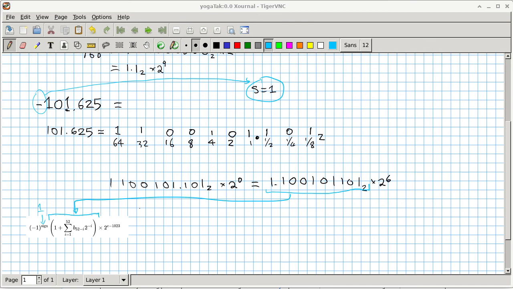But someone is going to say, hey, that 1 here is not corresponding to any bit. It is not corresponding to any b of something. So what does that mean? That means the 1 point something, the 1 to the left-hand side of the point, is not explicitly represented at all.